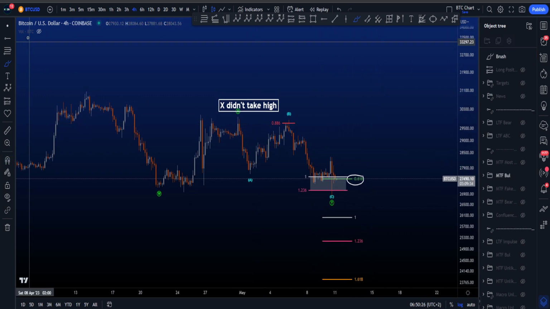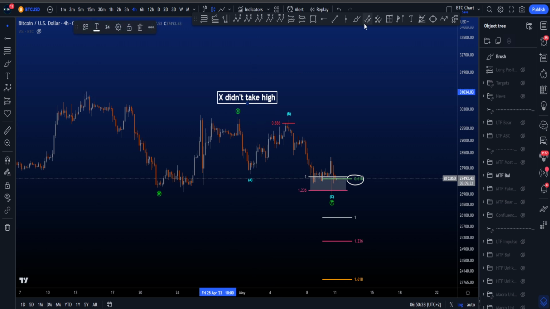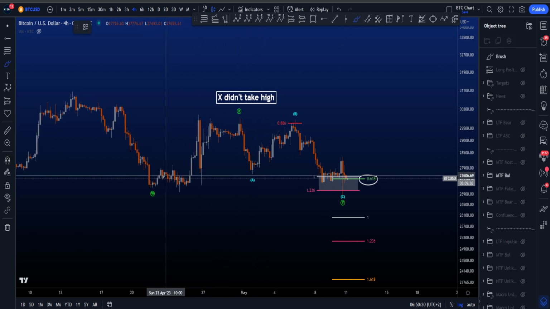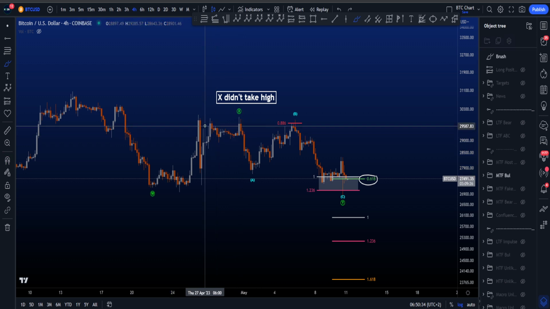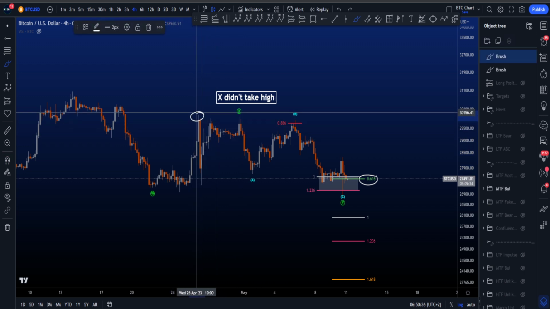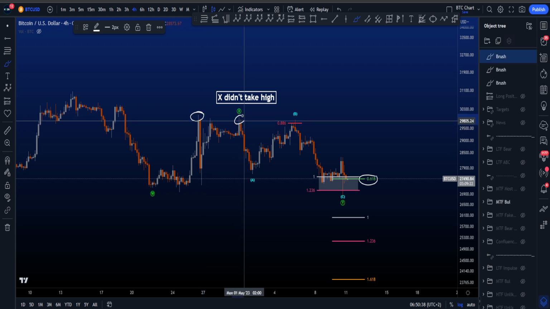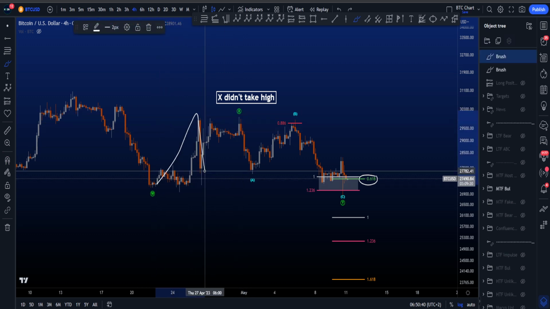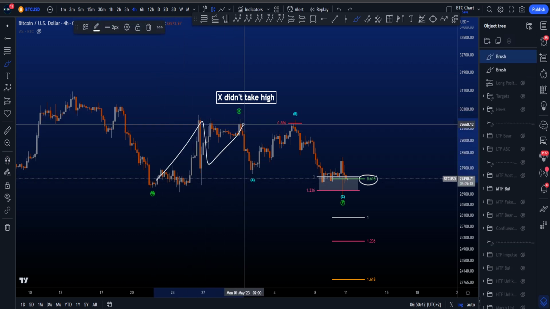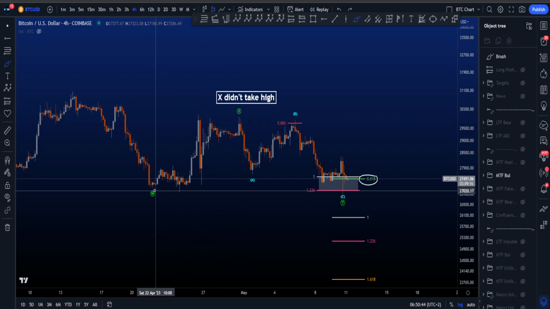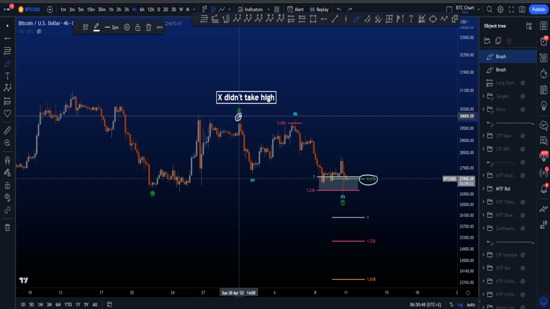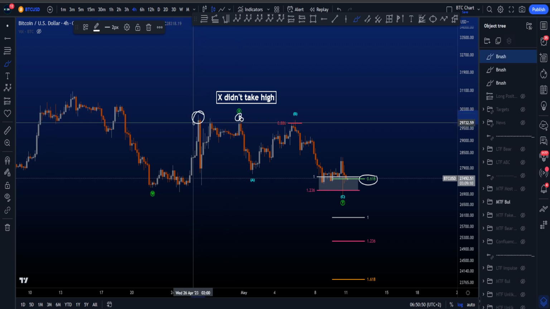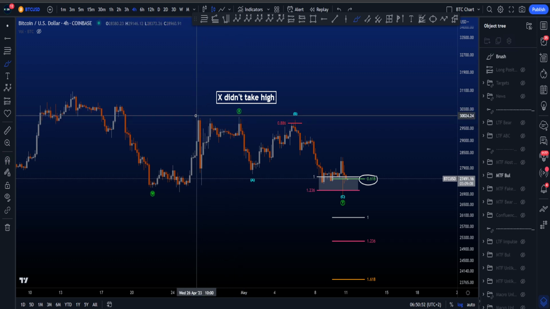There is, however, a little thing that I do like to say, and that is that wave X didn't take the high. So if this is a three-wave structure over here, usually I like to see the first high being taken by the second one. So if this is an ABC or a WXY, usually wave C or wave Y takes the high of the first structure, and that has not happened.